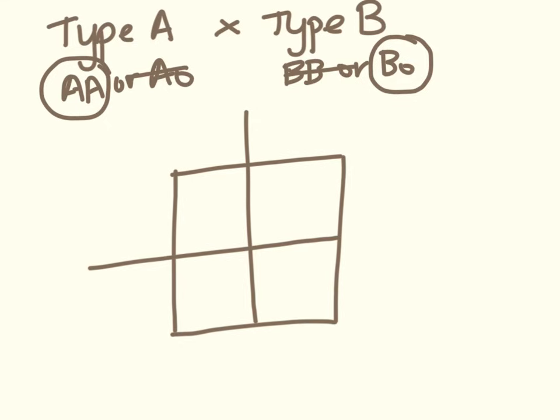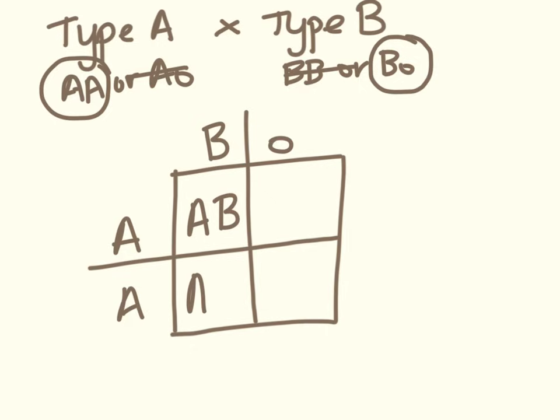So we have our parent genotypes. Now we just need to complete our Punnett square, placing the A's on the two sides, the B with the O. So if we bring this one over and this allele down, we get A and B, and here we have AO and AO. Again, we bring this gene across, these genes down, and that is how we fill out our Punnett square.